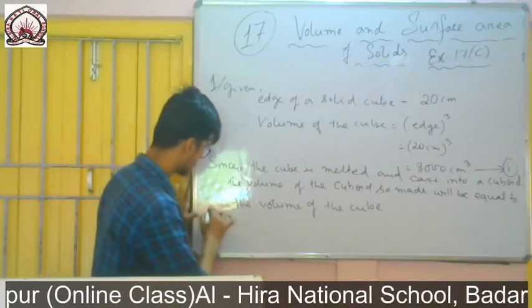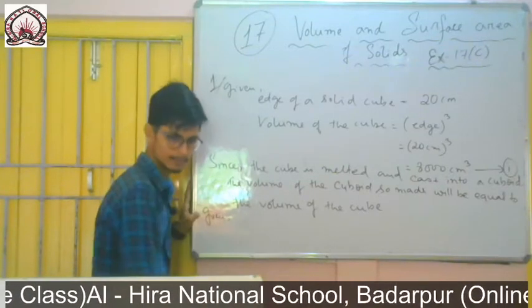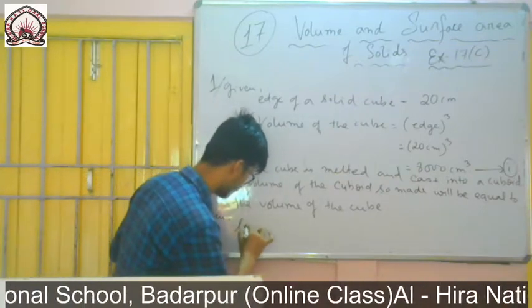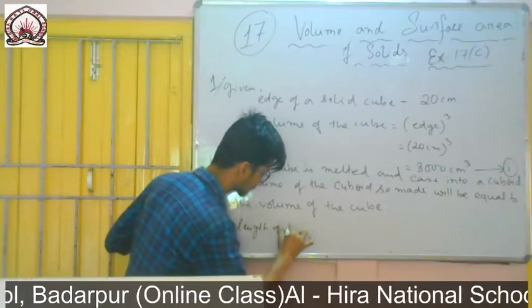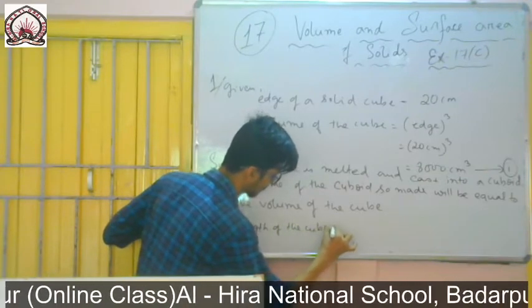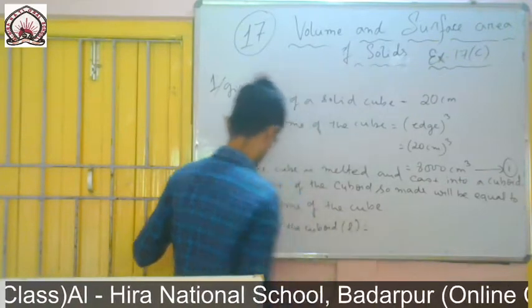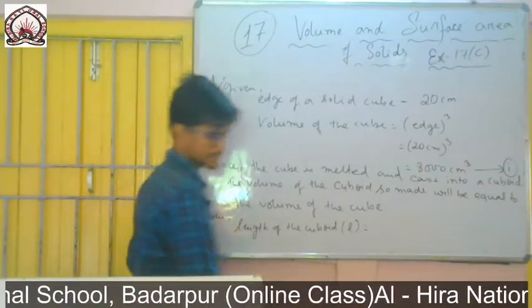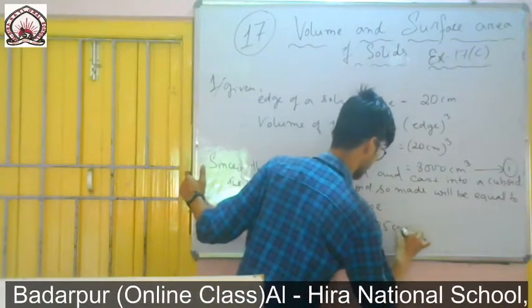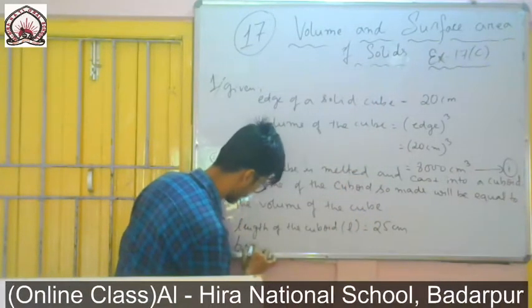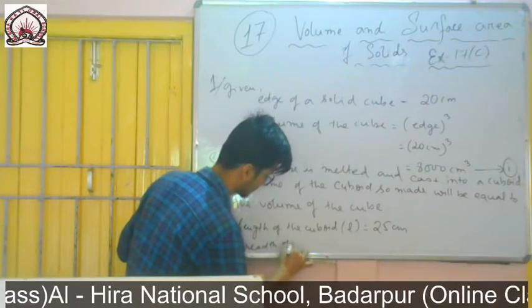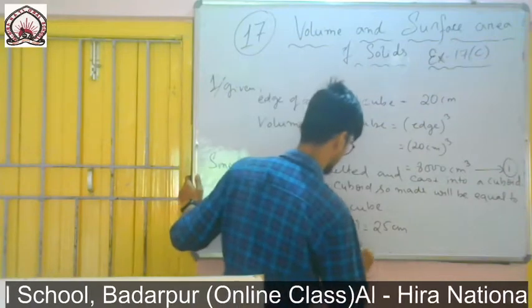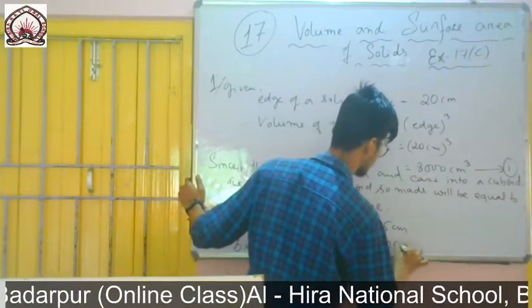So you write, given length of the cuboid is 25 centimeter, breadth of the cuboid is given as 20 centimeter.